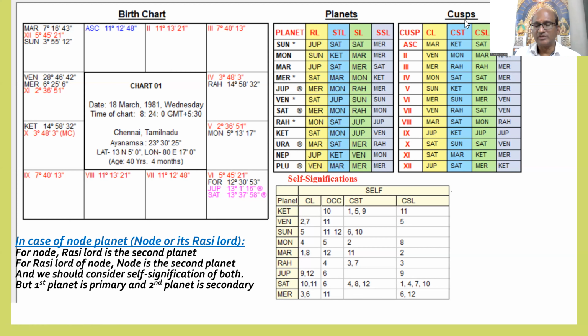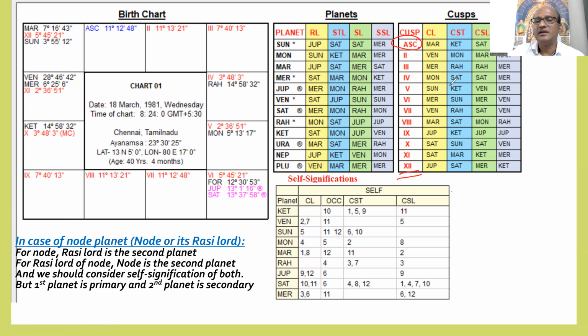Thank you, sir. Now I'm going to explain how each planet differs in significations, in the previous example I was telling. You know that this is a chart, with all the cuspal positions from Lagna to the 12th house.